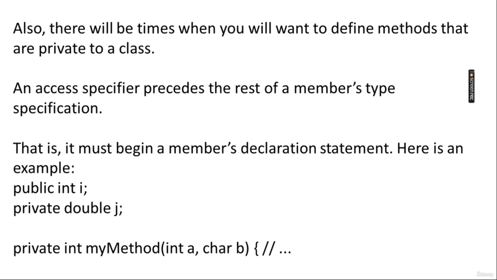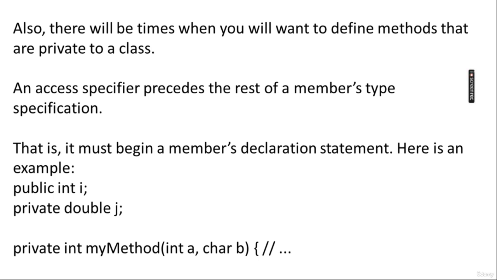The access specifier precedes the rest of the member's type specification. That is, it must begin a member's declaration statement. How do we declare a data member? Integer i, float j, boolean choice, and like this. And how to declare them public or private?